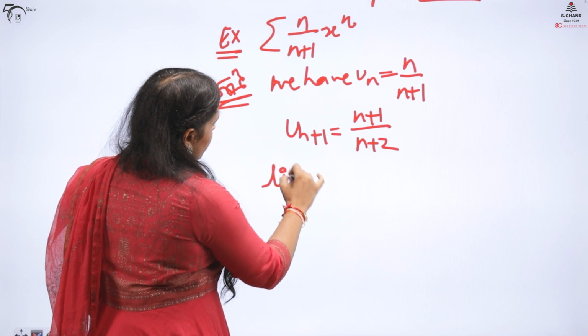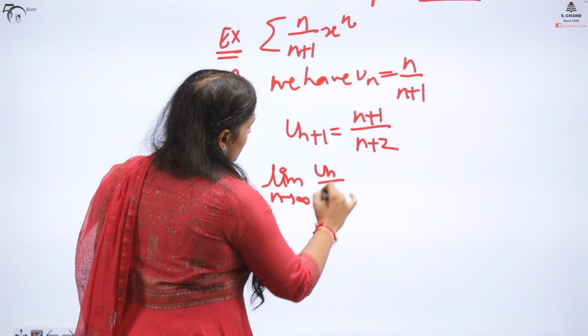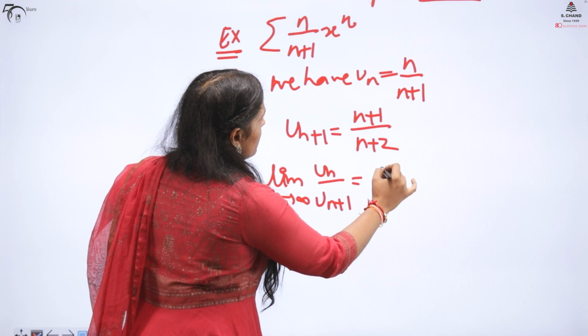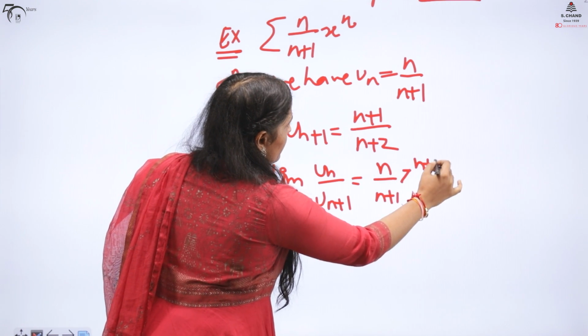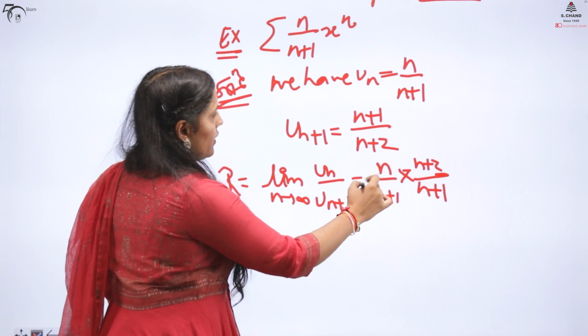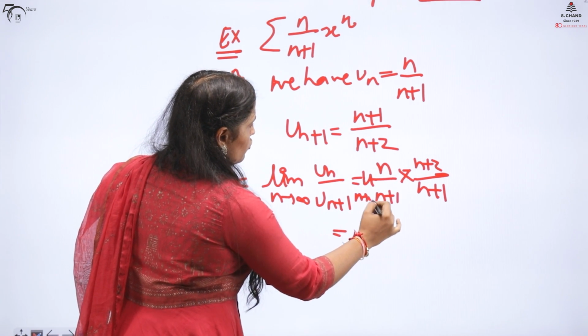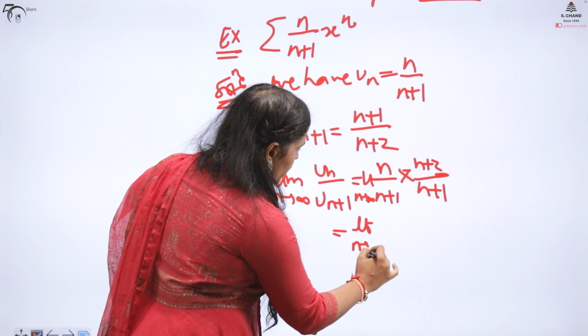So taking the limit, because radius of convergence we have as un upon un plus 1. So n upon n plus 1, just reverse it. So finally, just don't make it a square, just take out n common because infinity you want to remove.